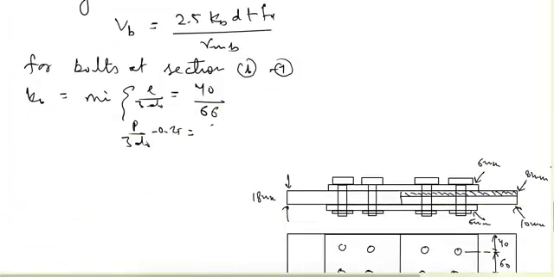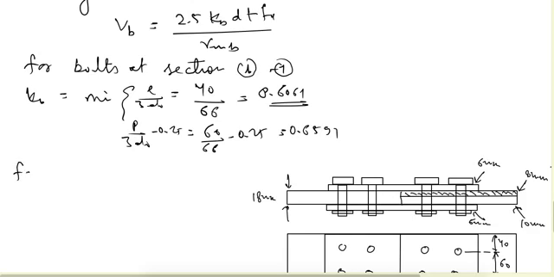So 60 divided by 66 minus 0.25. The other two are not necessary because they will be greater than these two. From here, the first term comes out as 0.6061, and the second one comes out as 0.6591. So obviously the first is the minimum value. So that is for bolts at section 1-1.